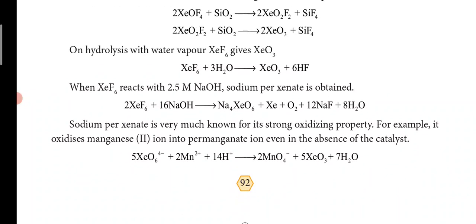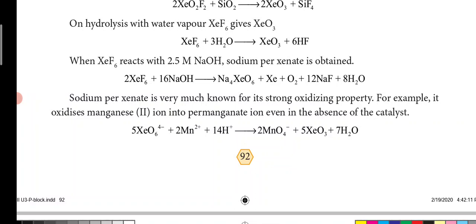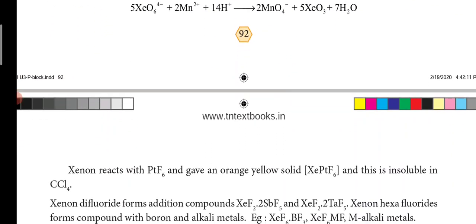When xenon hexafluoride reacts with 2.5 molar sodium hydroxide solution, sodium perxenate, Na4XeO6, is formed. Sodium perxenate is very well known for its strong oxidizing property. For example, it oxidizes manganese(II) into permanganate ion even in the absence of a catalyst.